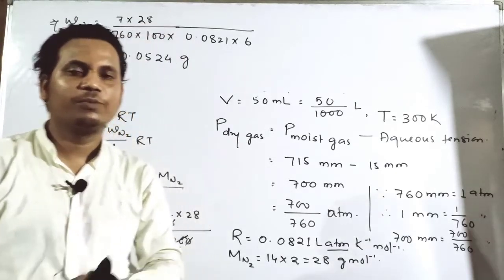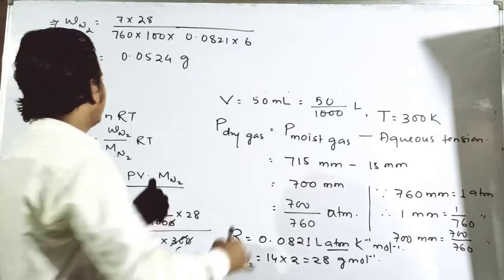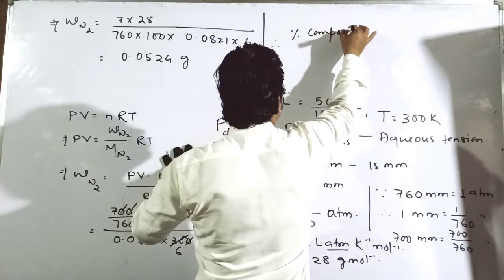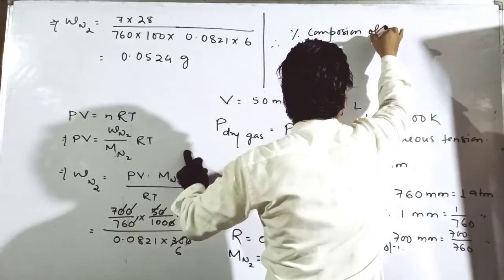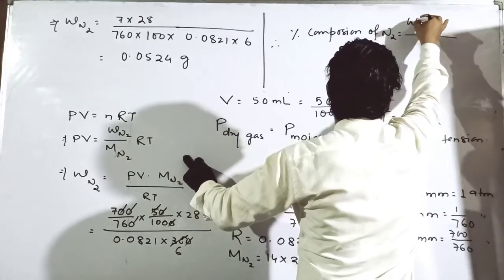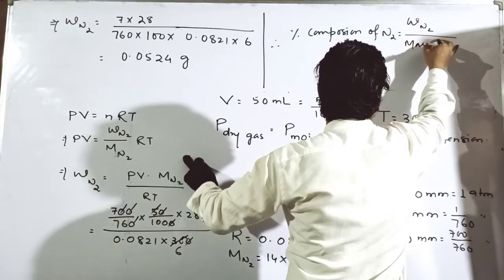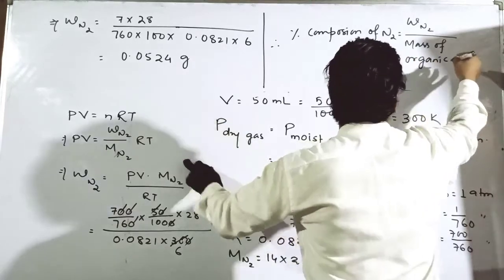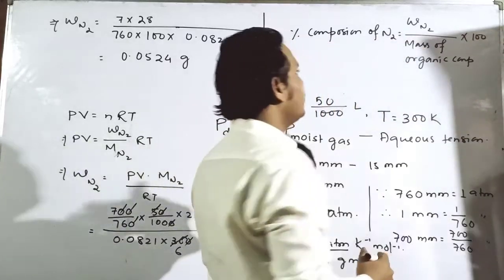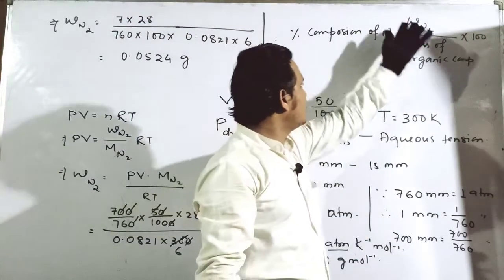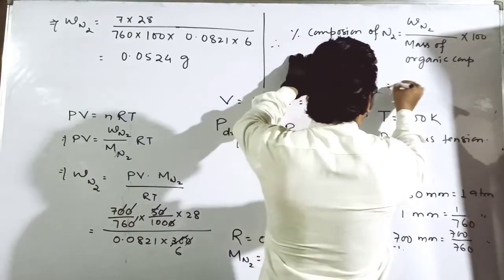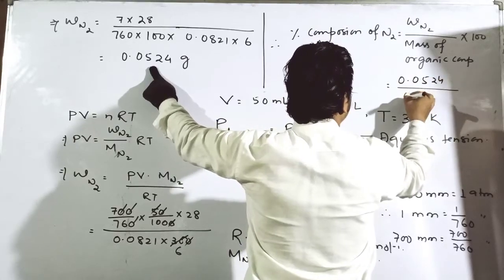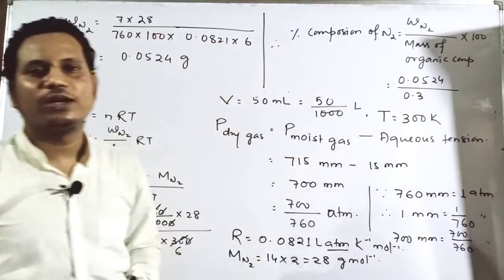Now the problem is almost solved. We have to find percentage composition. Therefore percentage composition of N2 by formula is given mass of N2 by mass of organic compound into 100. So this was the formula for finding mass percentage, given mass by total mass into 100. What is the given mass? 0.0524. What is the mass of organic compound? It was 0.3 gram.